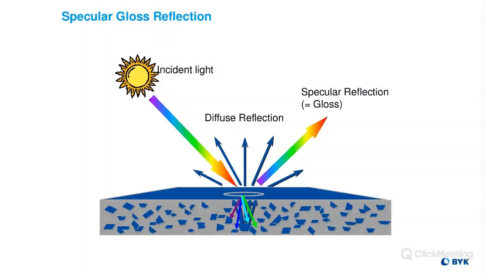It's just bouncing right off that surface. And so that's the gloss angle. That's where we measure gloss. And as an observer, if you're standing at this gloss angle, the specular angle, what you're seeing is glare. You're going to see a reflection of the light source off of the surface.